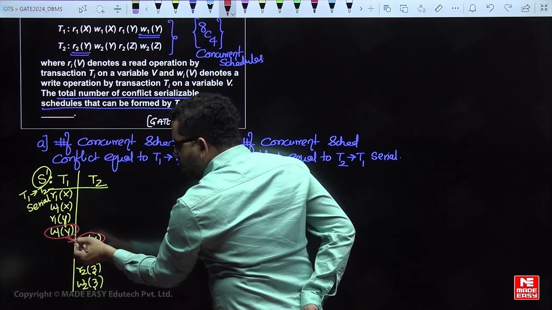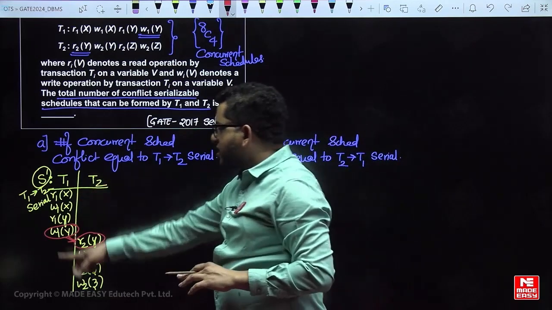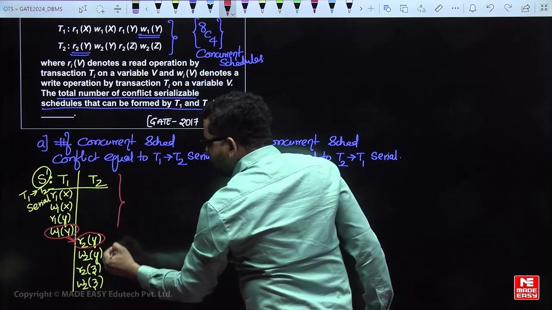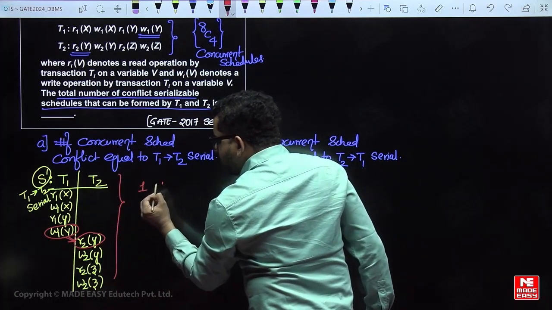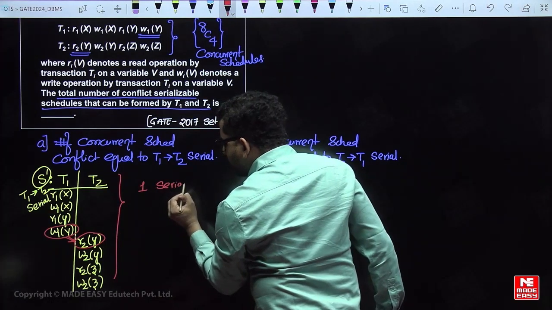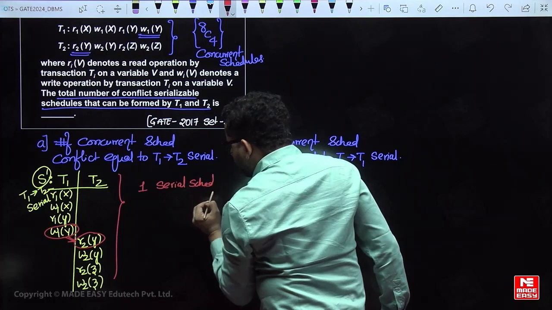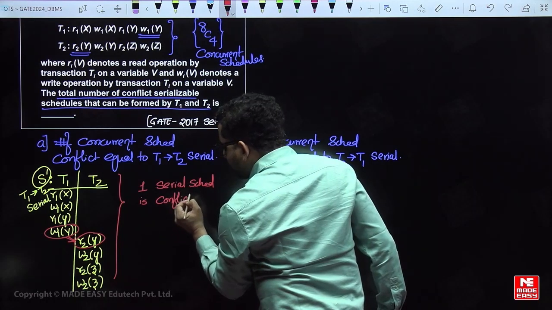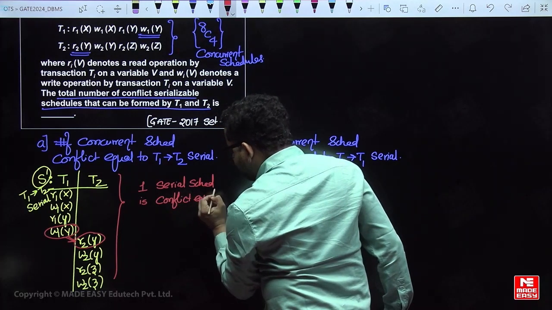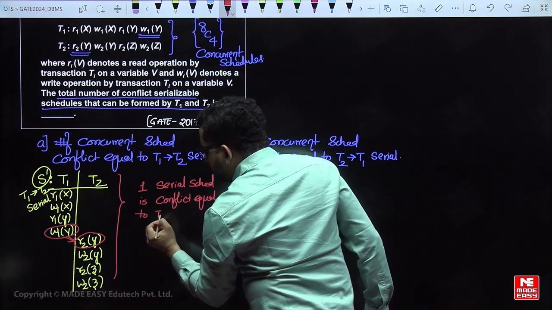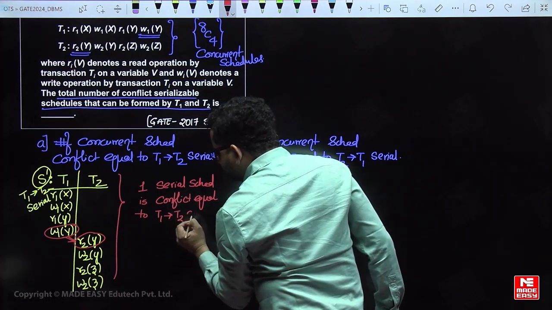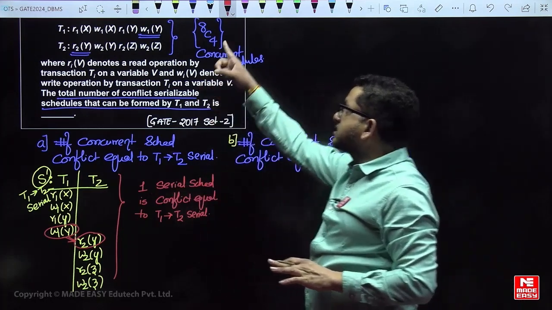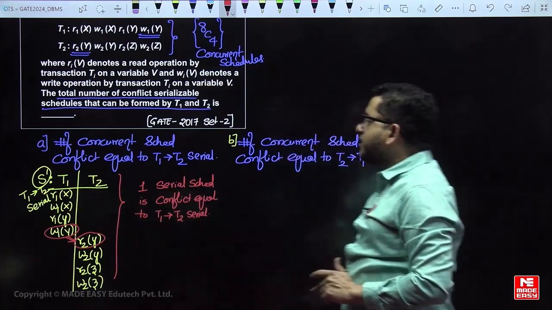Because of that, no other concurrent execution is conflict equal to this serial. So only one serial schedule among these concurrent schedules is conflict equal to T1 T2 serial.